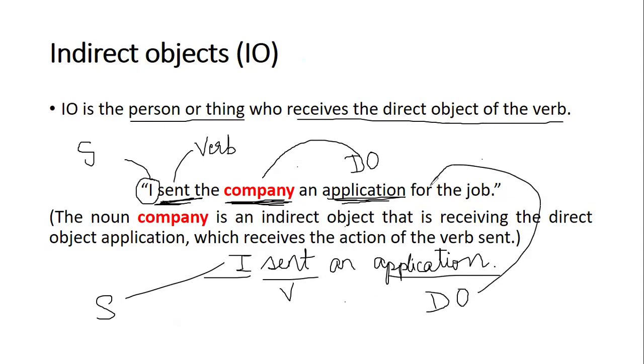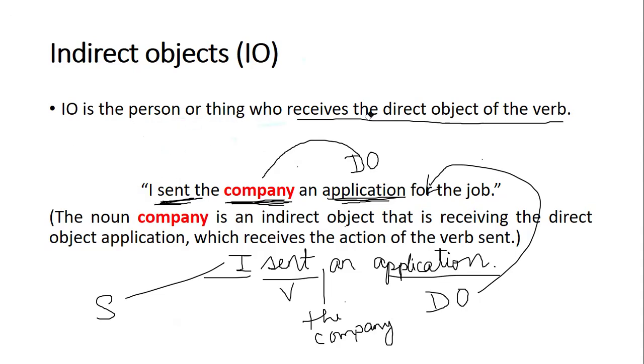But if we look at this statement, I sent the company an application for the job, I'm exaggerating the whole sentence to give you more information about the topic revolving around I. So again, finding indirect objects is very easy.